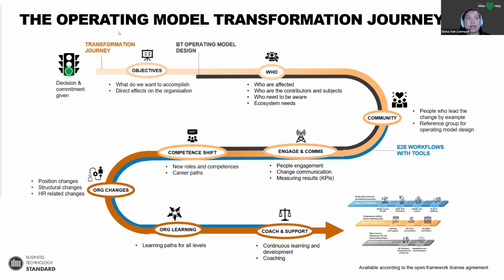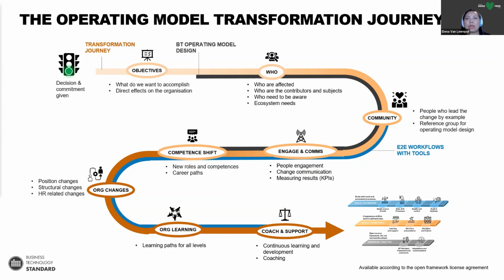You can see here the elements. The brownish line is the actual transformation journey. That's what your people in the organization will be going through. The black line here, that's the actual design phases of the operating model.